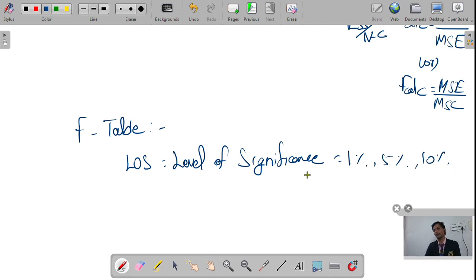Sometimes the problem does not hold the level of significance. If it is absent, that means you have to use 5%, or 0.05.